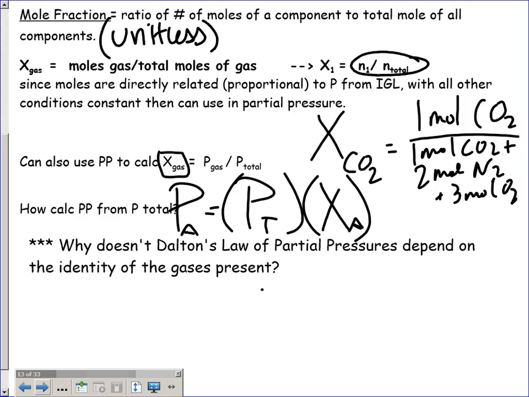That's one of the new things for this unit. And then, can anybody guesstimate here for me? Give me a good hypothesis. Why doesn't Dalton's law of partial pressures depend upon the identity? Okay, that's a good point.